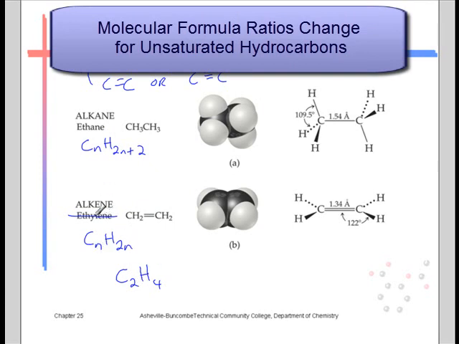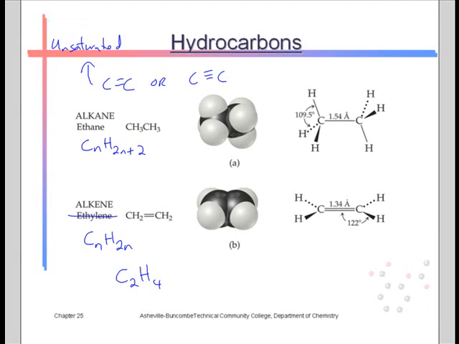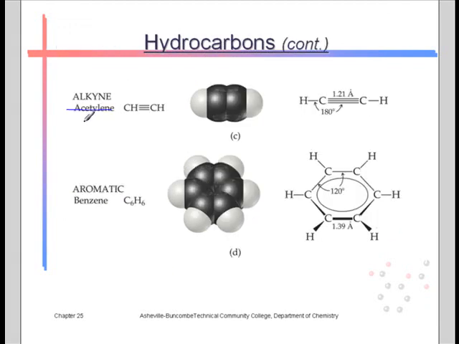For ethylene, it's C2H4, and for acetylene on the next one, I removed 2 more hydrogens to go from the alkene to the alkyne, so in the formula there's a -2, and you see that for acetylene. Anytime you have a single triple bond, it's going to follow this ratio.